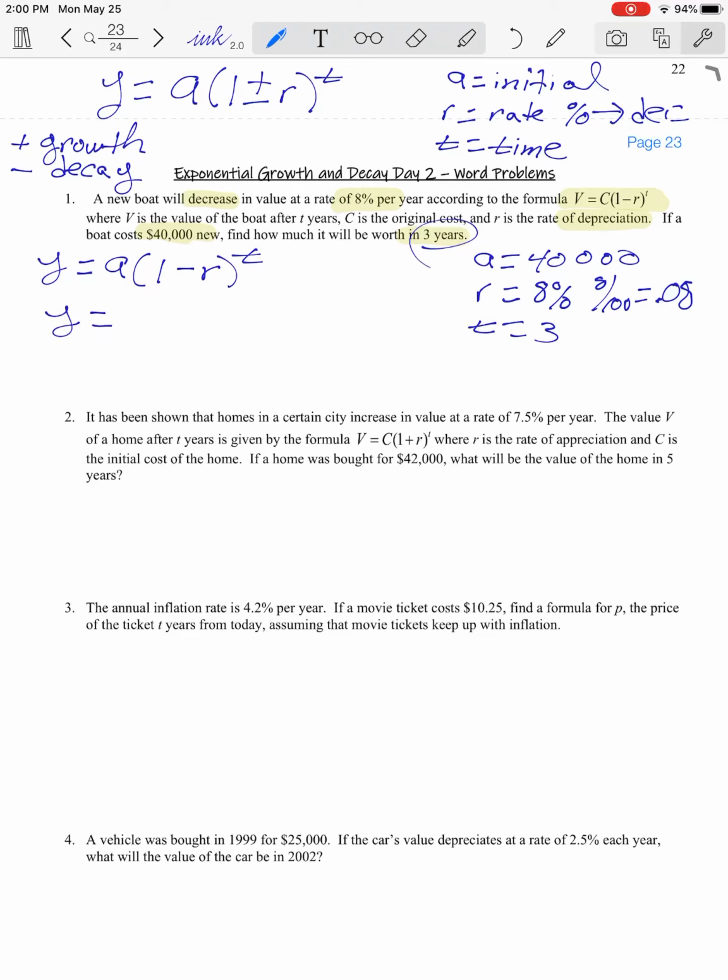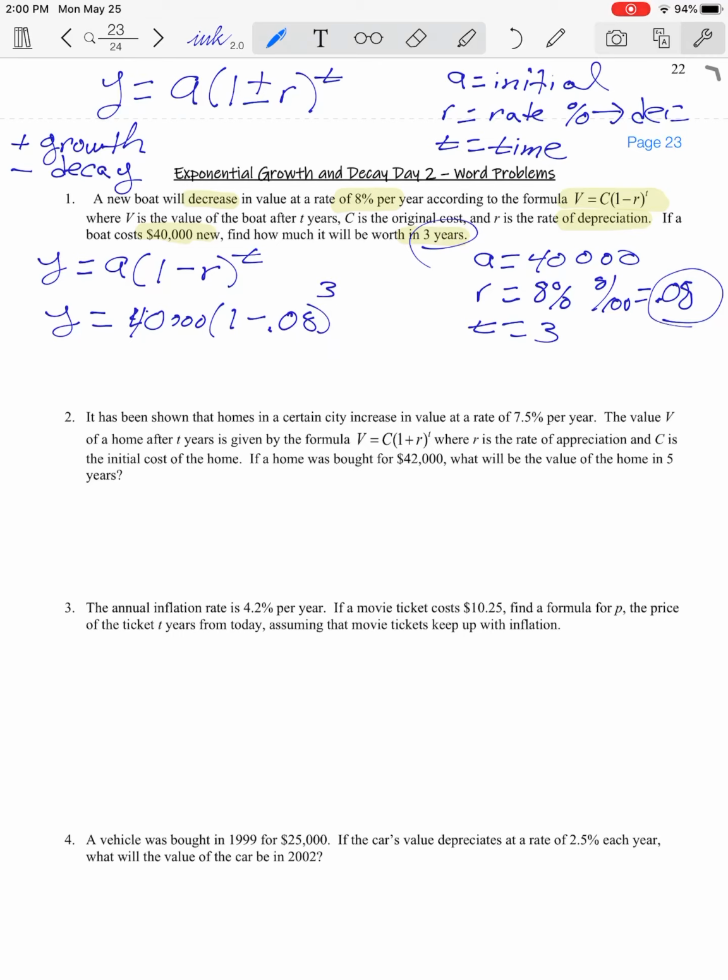And then all you do is plug in. Y equals, I know my original is 40,000. I shouldn't write that, but never, ever, ever put the comma in the calculator. So I think I'll just erase that. Okay? 40,000. Don't put that in. Then I'm going to do 1 minus my rate I got as 0.08, and I'm going to raise that to the third power.